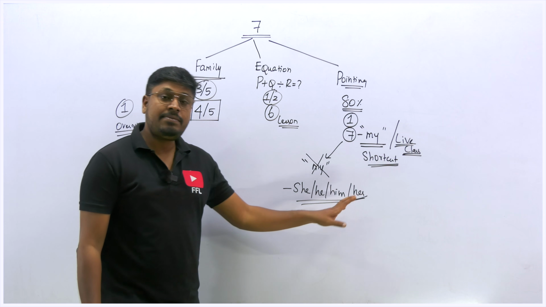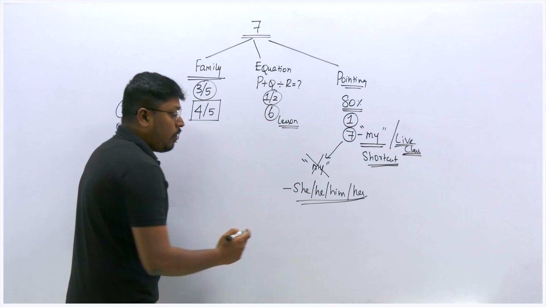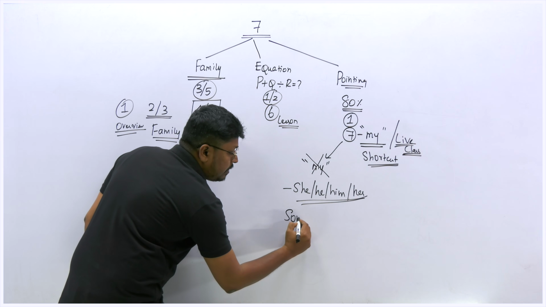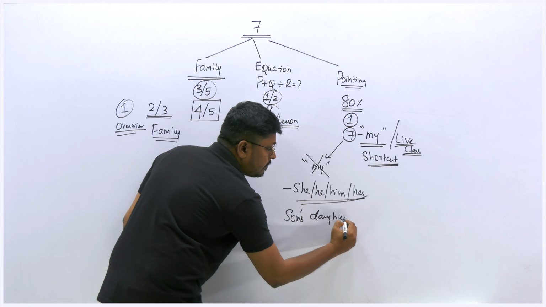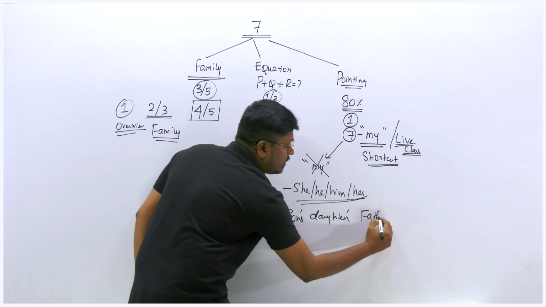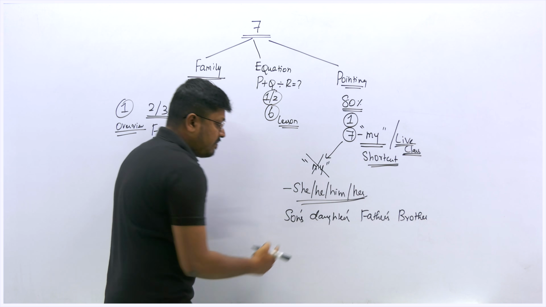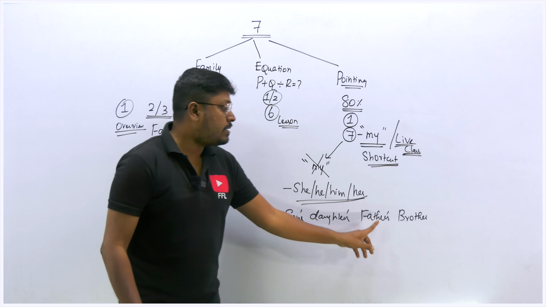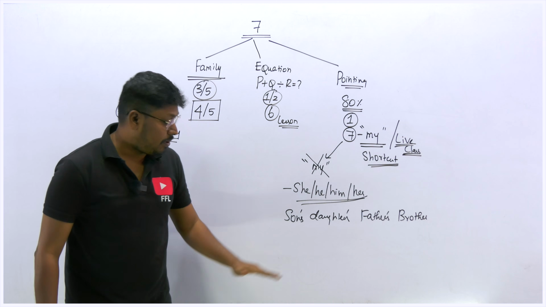In case this word is also not given in the question, then the question will be in the form of sons. You can see sons, daughters, fathers, brother, a continuous chain of words. That means you have to go step by step.